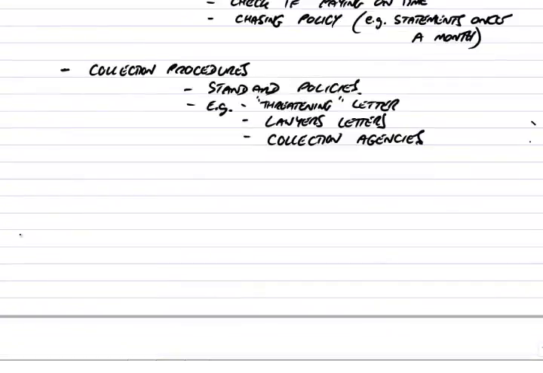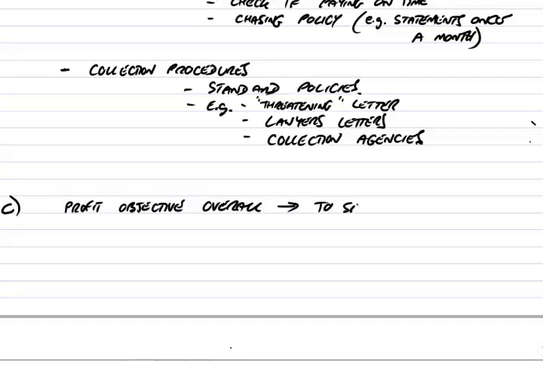Finally, a nice little one. Again, it's only 7 marks, but still. Discuss whether profitability or liquidity is the primary objective of working capital management. The company has 2 objectives, surely, or several objectives, but certainly there's the profit objective overall, to satisfy shareholders.